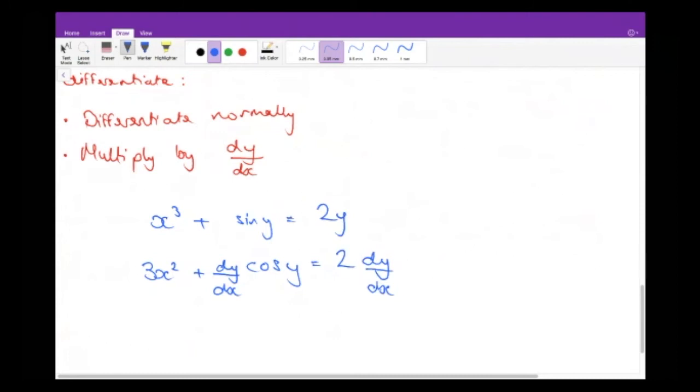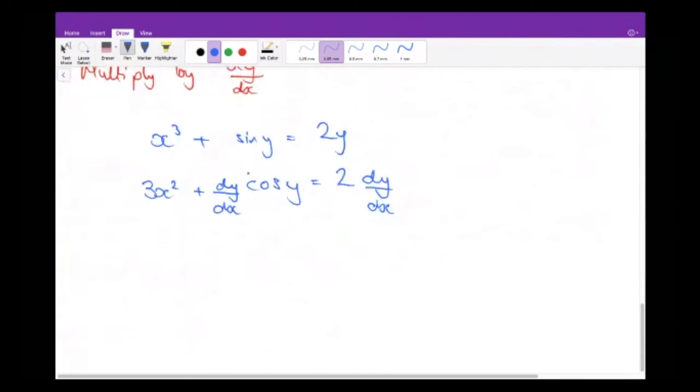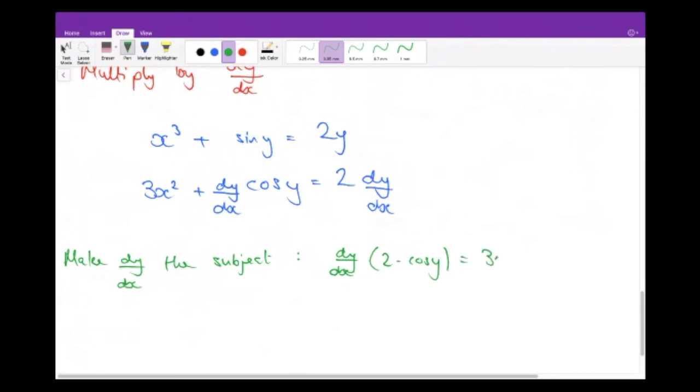So if I needed to find dy by dx, by doing this, I've got everything that was a function of y times dy by dx. So we can relatively easily make dy by dx the subject. Whereas it wasn't easy for us to do that previously. So here we'd get dy by dx times (2 minus cos y) equals 3x squared.